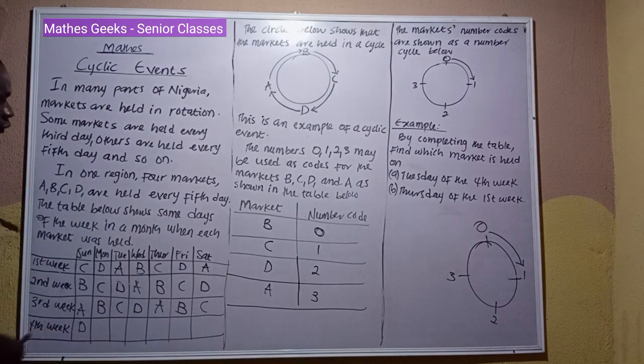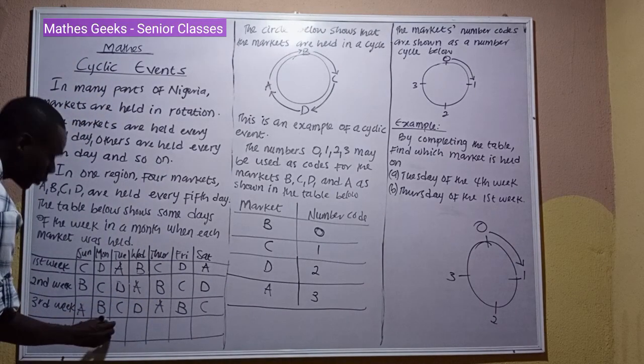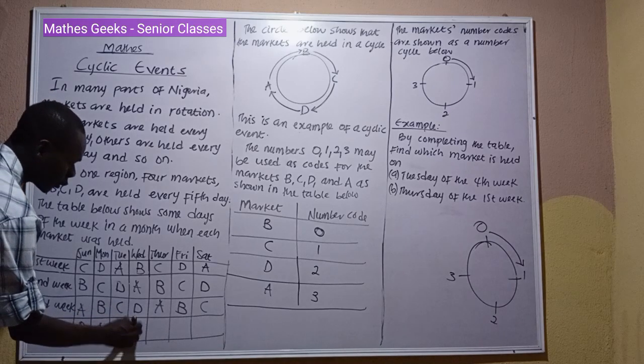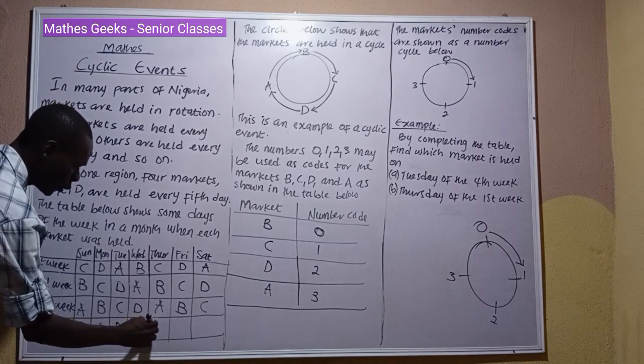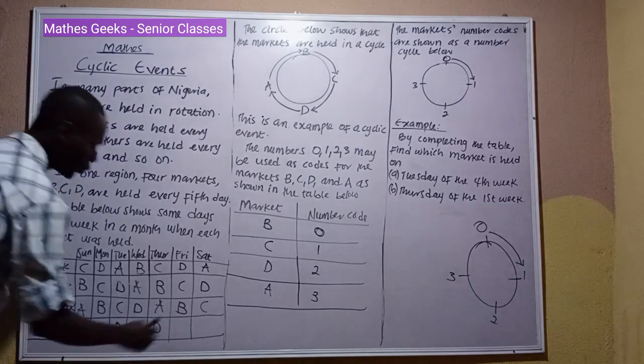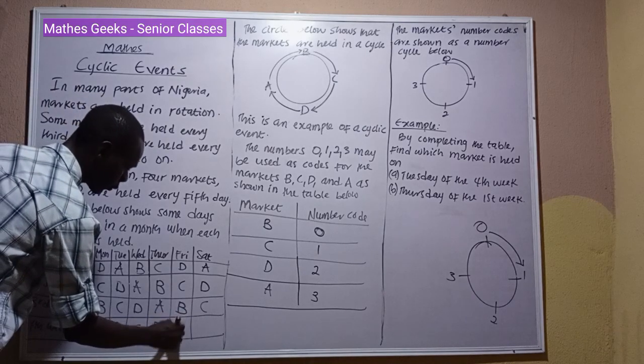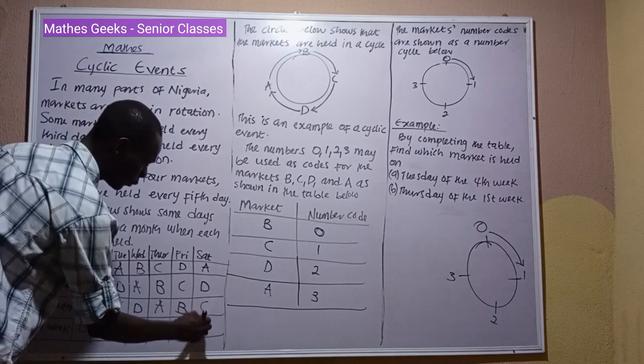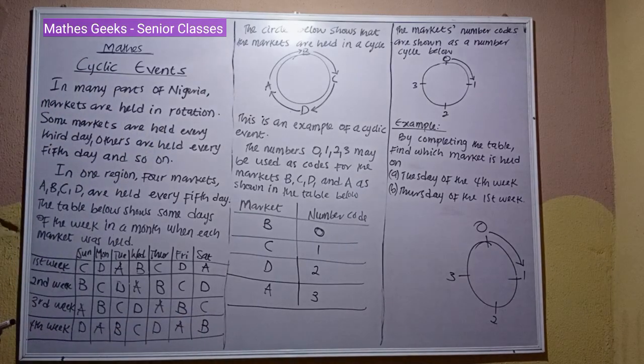Then from 2 to 3 is A. 3 to 0 is B. 0 to 1 is C. 1 to 2 is D. 2 to 3 is A. And 3 to 0 is B. By so doing, we have filled up the table.